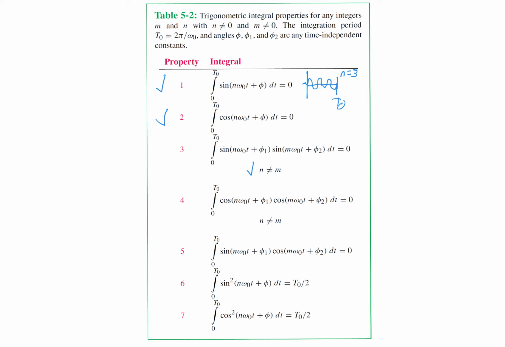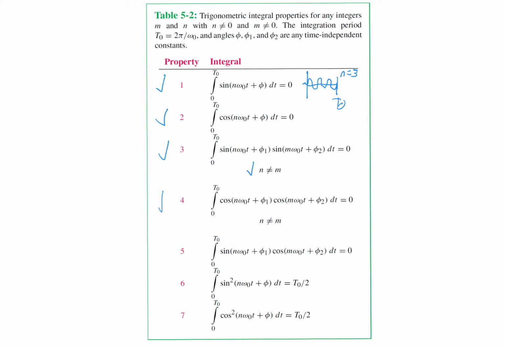You could use a trig identity for sine times sine to simplify this, or you could use other approaches to prove that that area is going to be 0. But what's happening here is the positive and the negative areas still completely cancel out, and that happens regardless of the phase shifts. So that's an identity that we're going to need as well. Same thing happens for cosines. Cosines are just 90-degree shifts of sines, as you know, so the same thing will happen there.